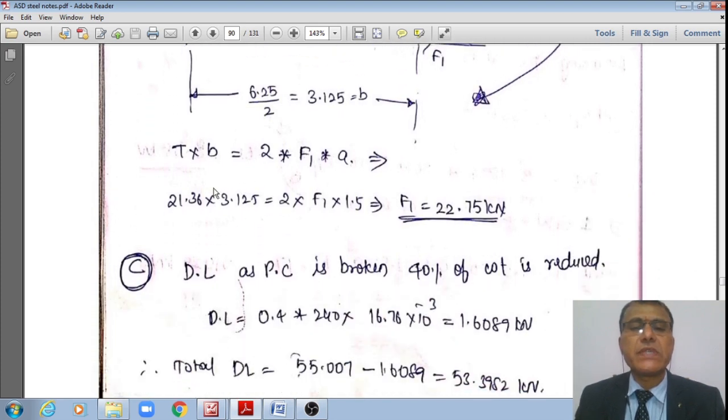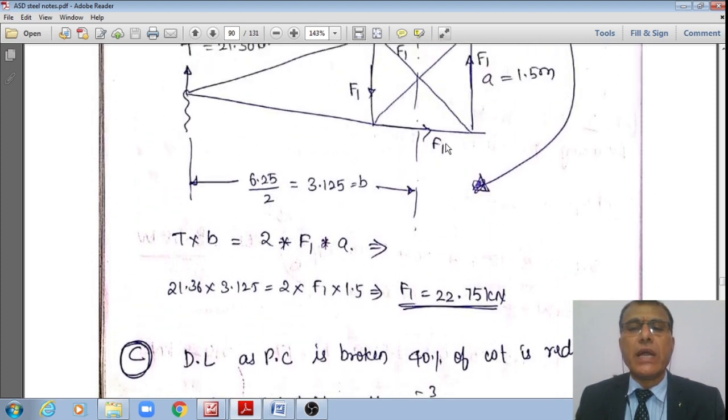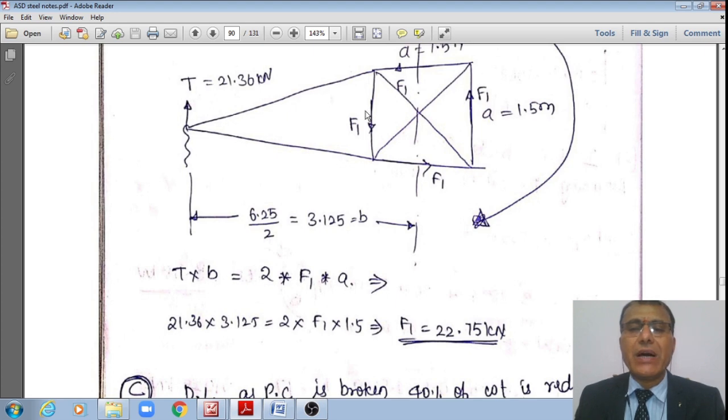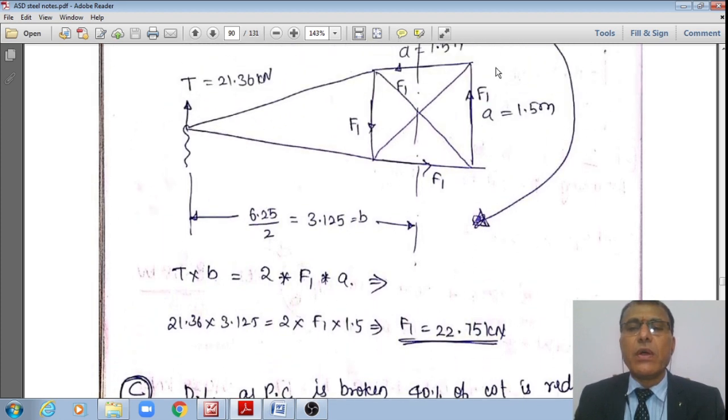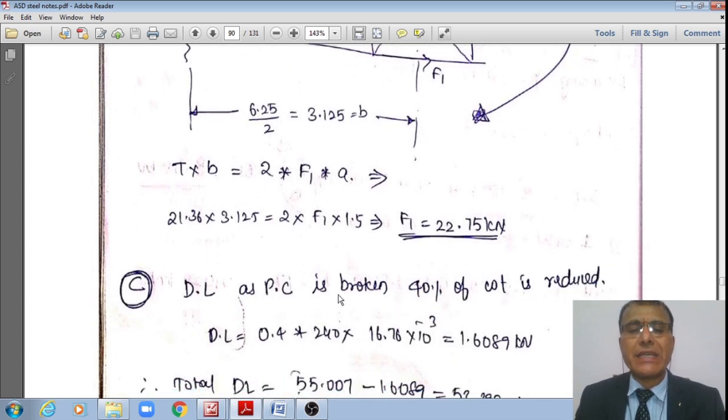Therefore, equating both of these, now I get the additional forces in these horizontal members or horizontal diagonal members. Horizontal members F1 as 22.75. Therefore, while you are designing this member, you additionally add this 22.75 kilonewton in addition to the forces coming from the regular analysis, right?